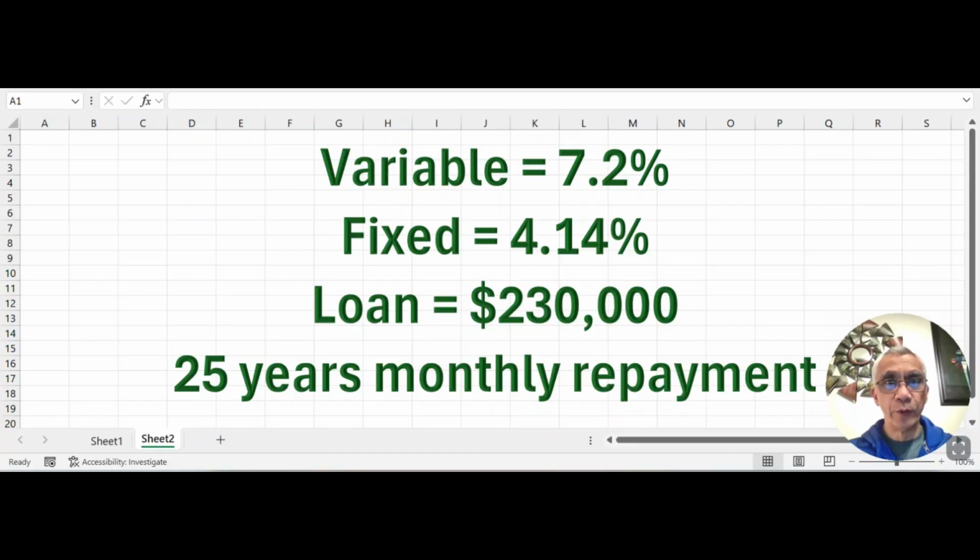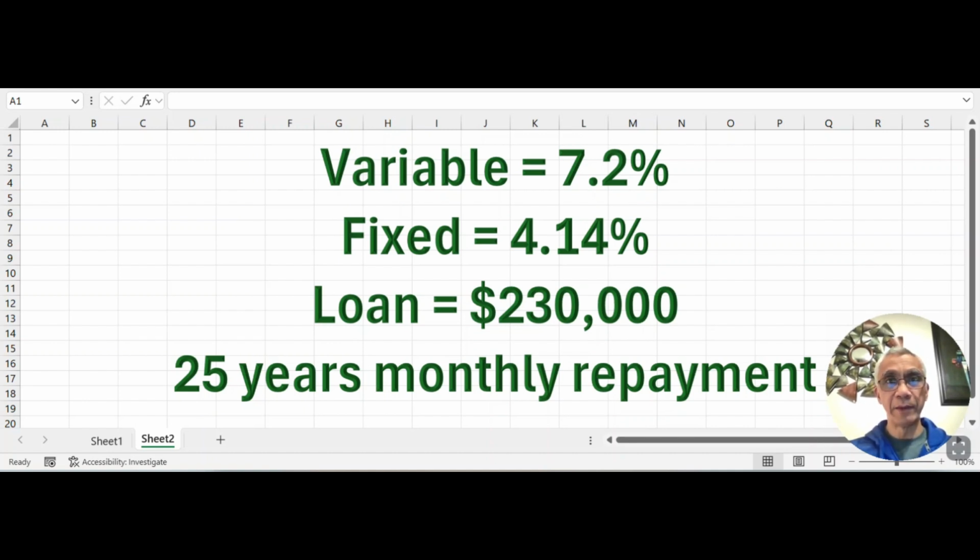All right. We will create a schedule of payment for a $230,000 loan, which is about how much my friend is sitting right now, with a 7.2% interest. We will use a term of 25 years with monthly periodic repayment.